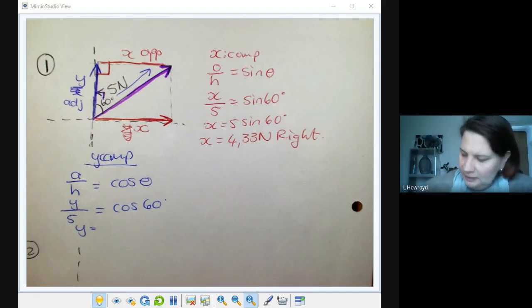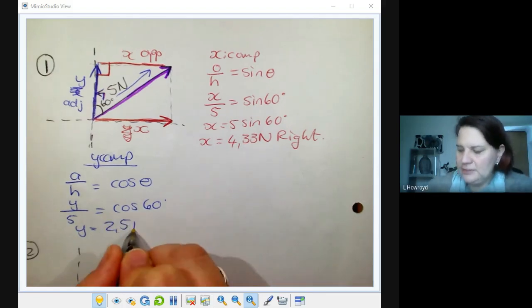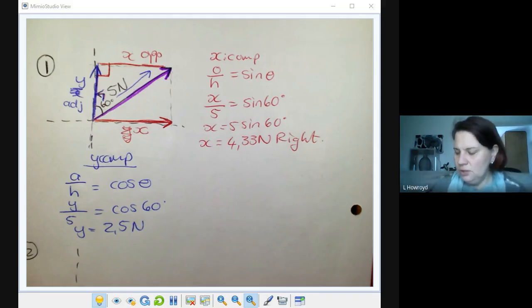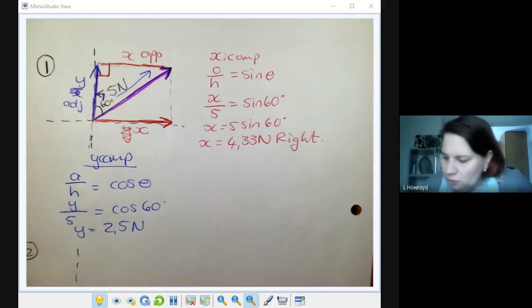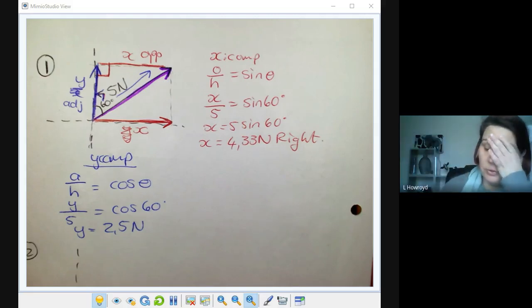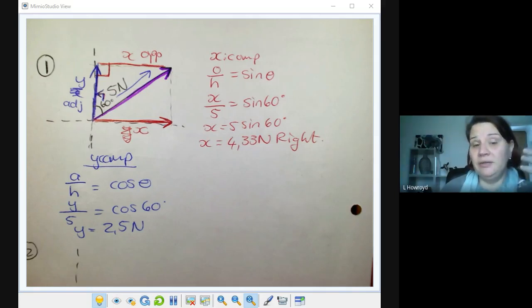Now it can be quite easy to confuse, like as you saw, it's very easy to confuse the two. And you've got to be aware of it all the time, especially in a test, because your y and your x components, we work with them in another way as well.